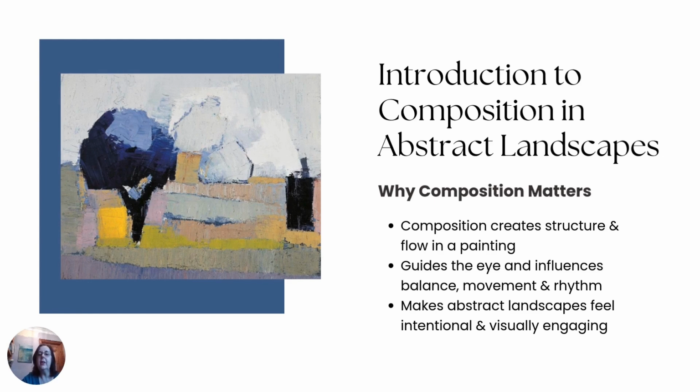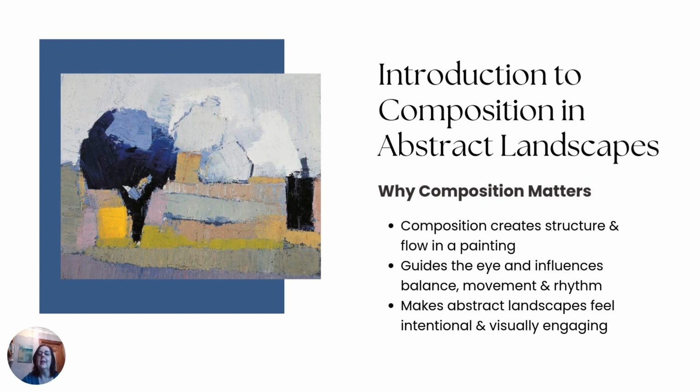The shifts in texture and shape add an underlying energy, keeping the composition from feeling static. Rhythm emerges in the repetition of rectangular forms, evoking the rolling fields and agricultural landscape of Provence. The structured yet expressive arrangement of shapes makes the painting feel like a distilled version of nature, capturing its essence without relying on literal detail.